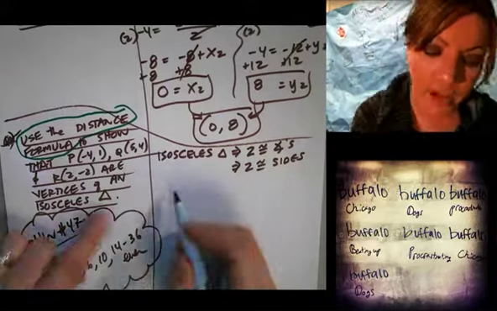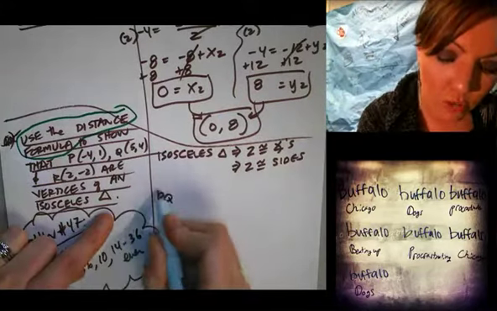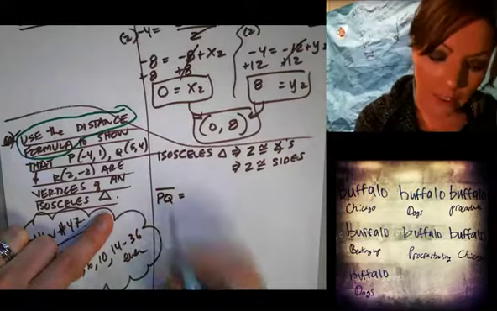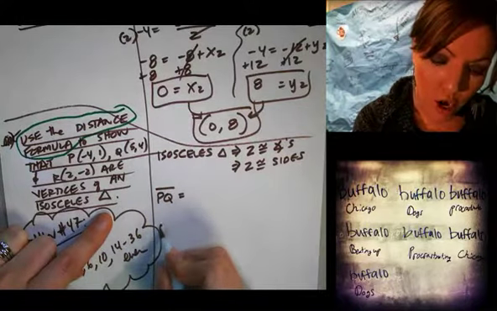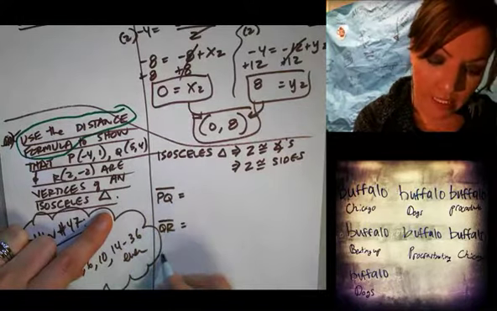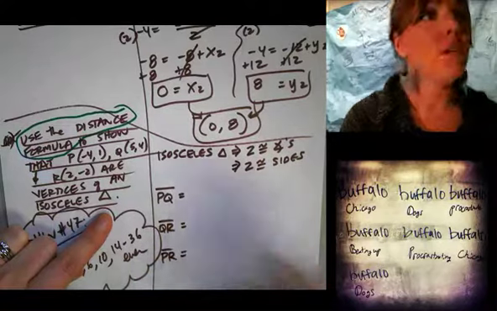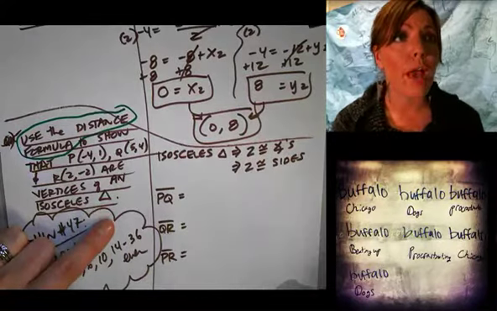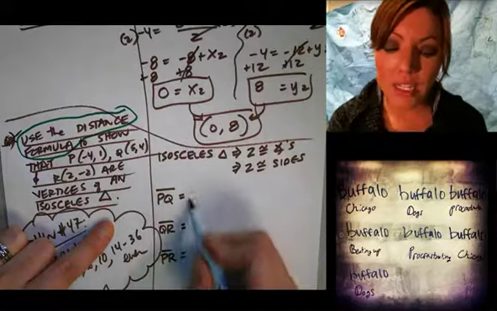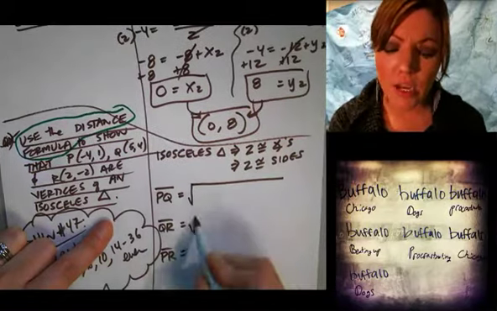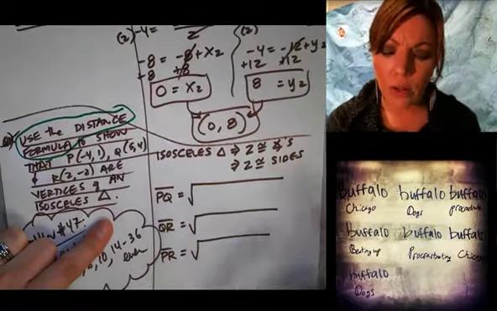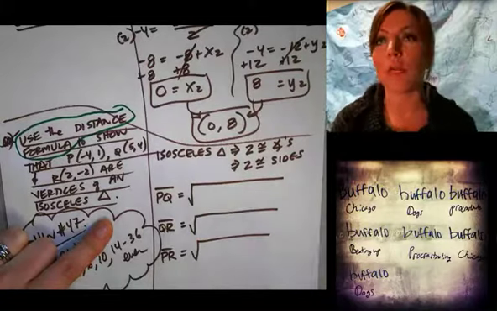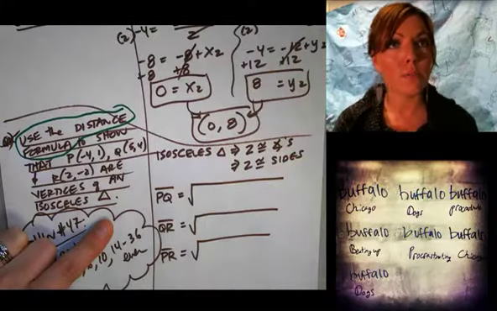Meaning if we wanted to find the distance of PQ and the distance between QR and the distance of PR, each of those, and then compare them. If we have an isosceles triangle, that means that when we calculate these, two of them should be equal to each other, right?